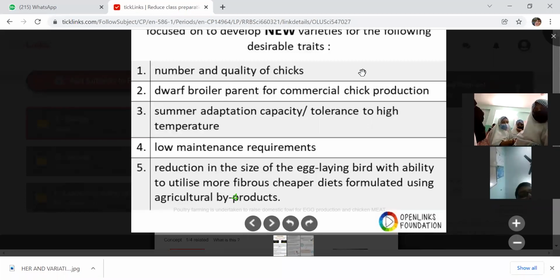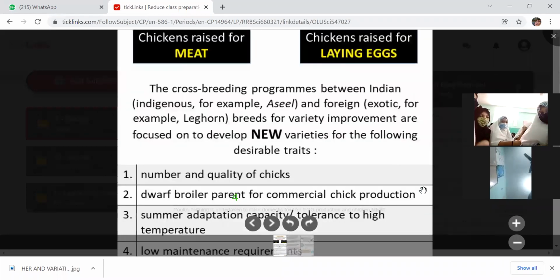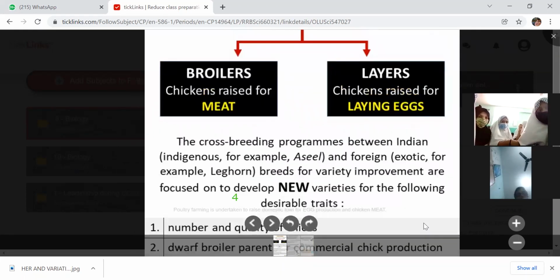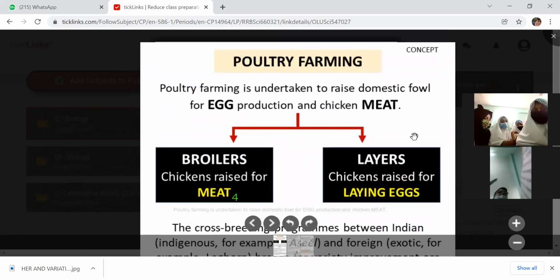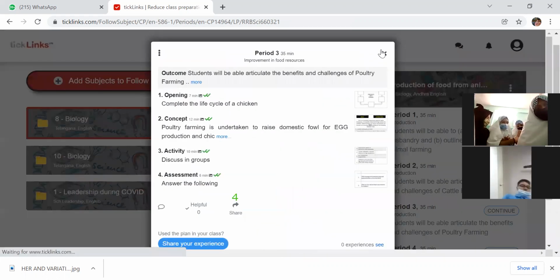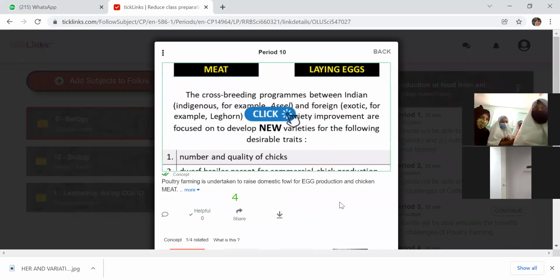We were able to utilize more fibrous food, which was cheaper compared to the other food available in the market, and this was used as an agricultural byproduct. So these were the advantages of crossbreeding in poultry farms, with broilers and layers, chicks that started giving us flesh and eggs in larger quantities.